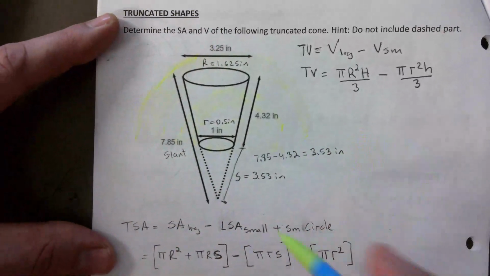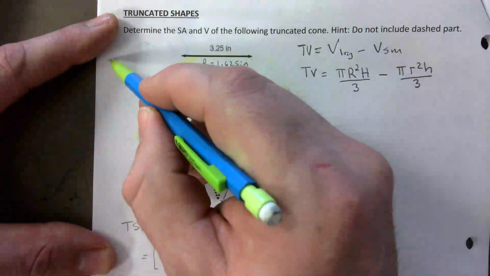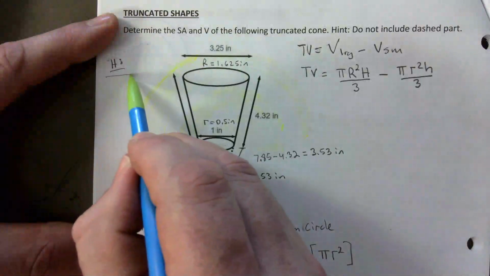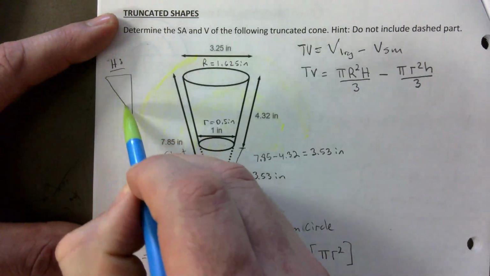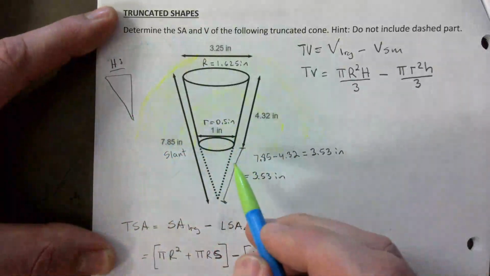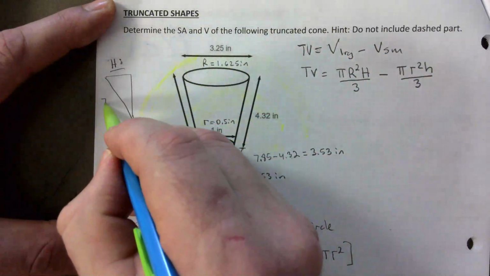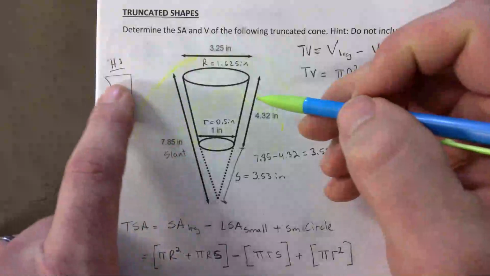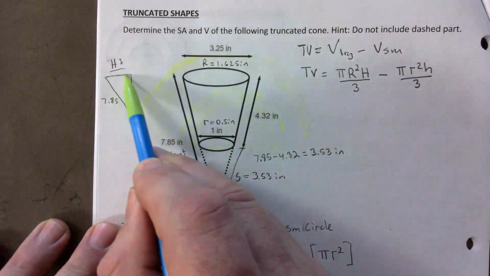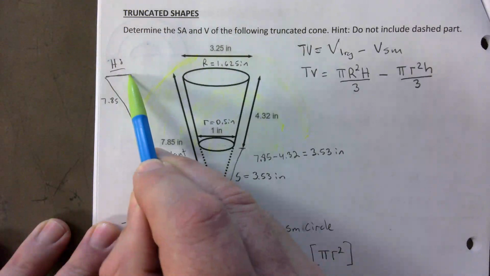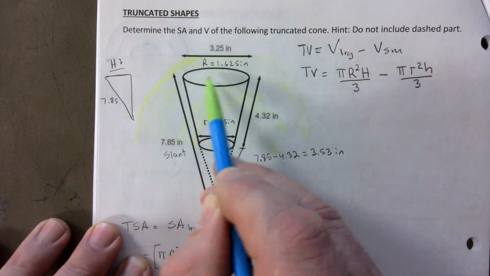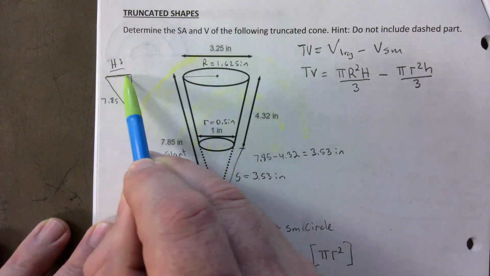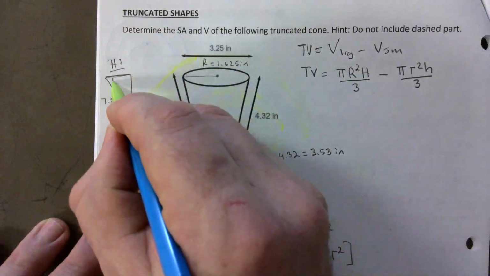So I'm going to take this, and I'm going to go height capital H like that. Okay, and so if I think of the whole thing as 7.85. And what is this part right here going to be? This one. That is going to be the radius of the cone, right? Because it goes right to the center here. That's what this is. So 1.625.